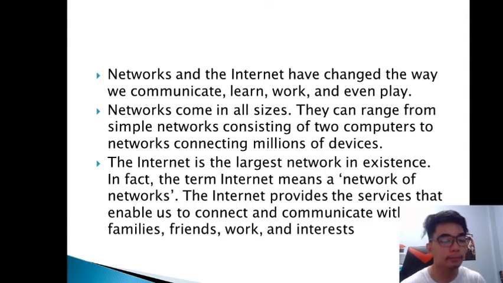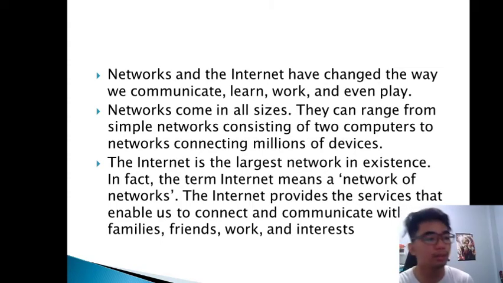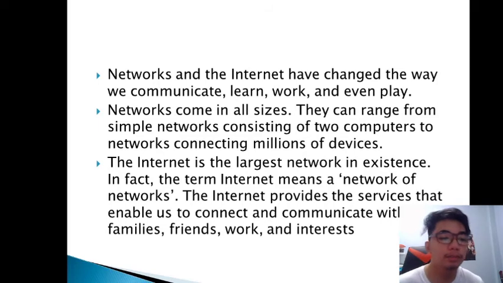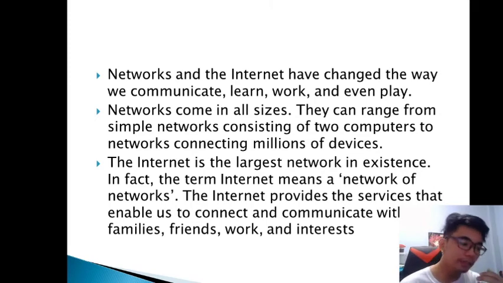Then networks come in all sizes. They can range from a simple network consisting of two computers to a network connecting millions of devices. Simply, the smallest one is the peer-to-peer or the two-computer network. In our world, we are connecting millions of devices because we are all connected.